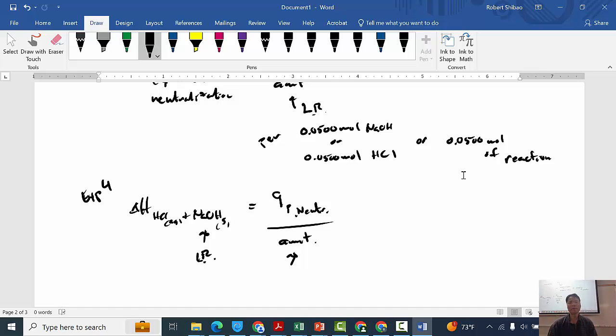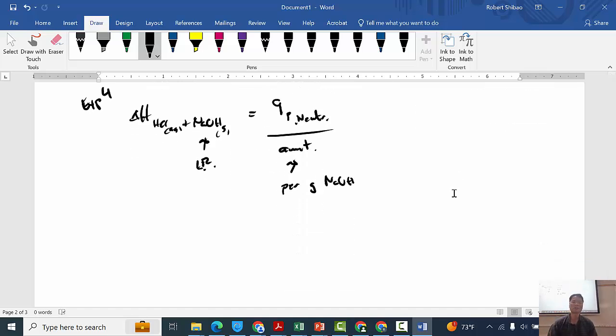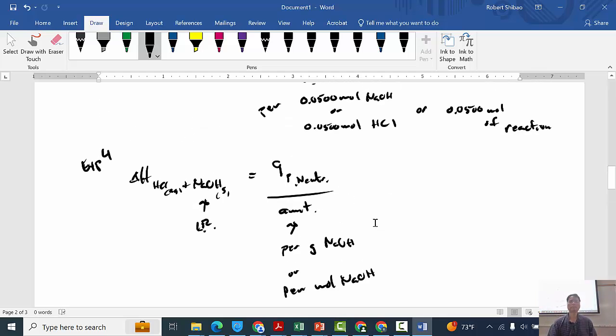And so if sodium hydroxide is the limiting reagent, then we could do it per gram of sodium hydroxide and or per mole of sodium hydroxide. Actually, we're going to calculate both per mole of sodium hydroxide here. And so both of these are very useful, either per gram or per mole, for prediction, for calculations.